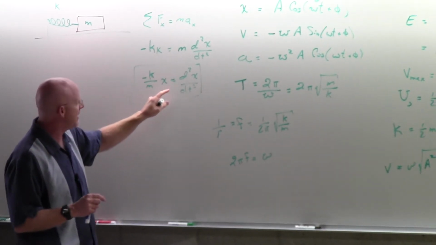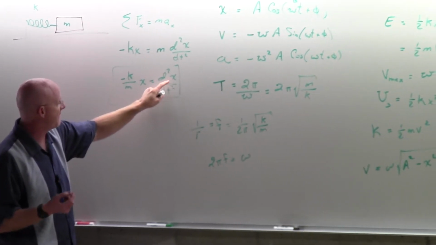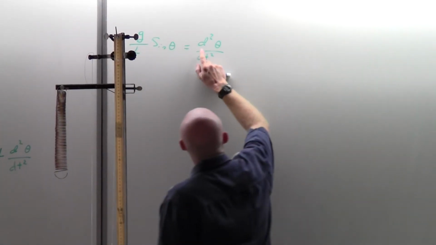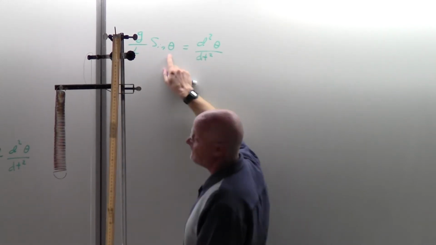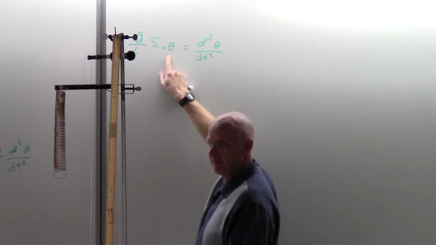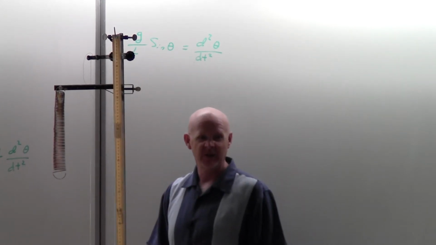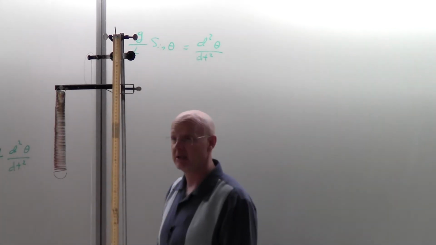The only thing is, this one says take the second derivative of the function and you get the same function back. What's this one saying? This one's saying take the second derivative and get the sine of the function back. Ooh. Let's see.